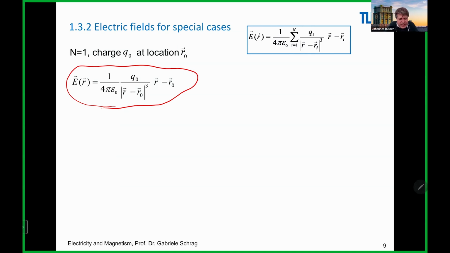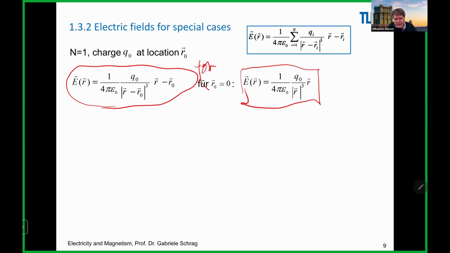We just have 1 over 4 pi epsilon naught times q naught times the direction vector times its magnitude cubed. That is for r0 equals 0, then only this remains.